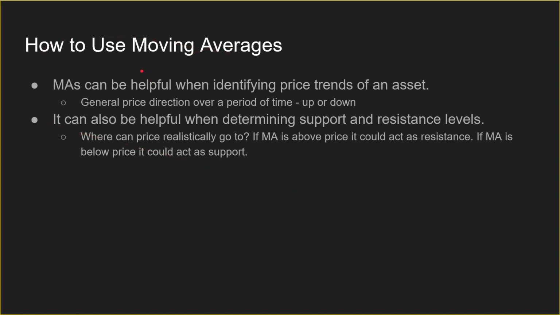Realistically, if Bitcoin were to keep falling and there's no sign of a bottom, let's say Bitcoin were to lose that 30,000 level and it were to fall, realistically, the weekly moving average could act as a level of support.